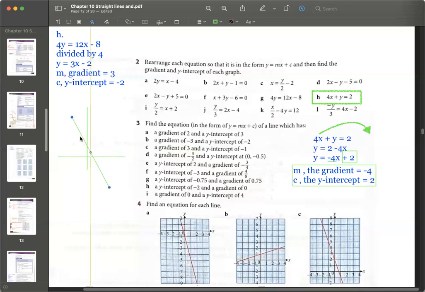So you just need to position it so that it goes through number 2. Let's say this is number 2. And this is your answer already, if they ask you to draw or sketch it. You must know that if it's a negative gradient, it goes downwards.